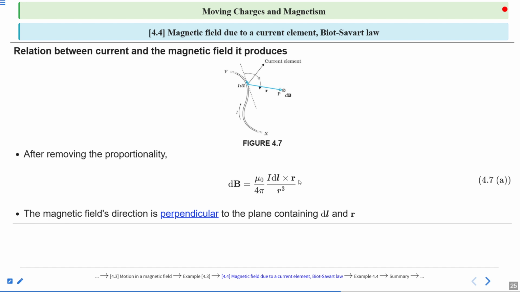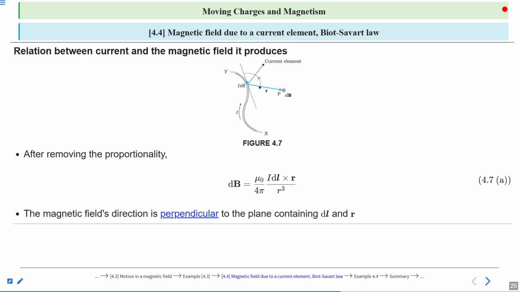You will get the direction of magnetic field at point P. Your thumb points perpendicular to the plane and inwards.